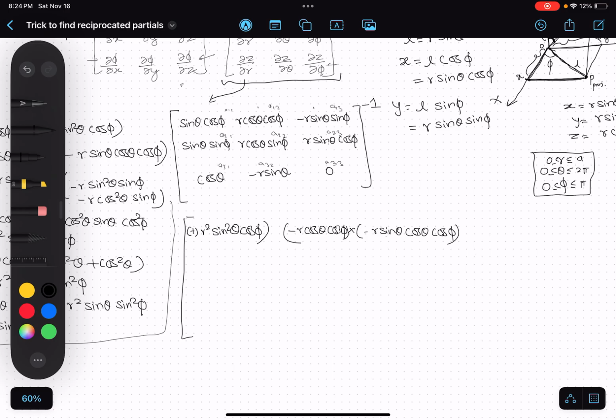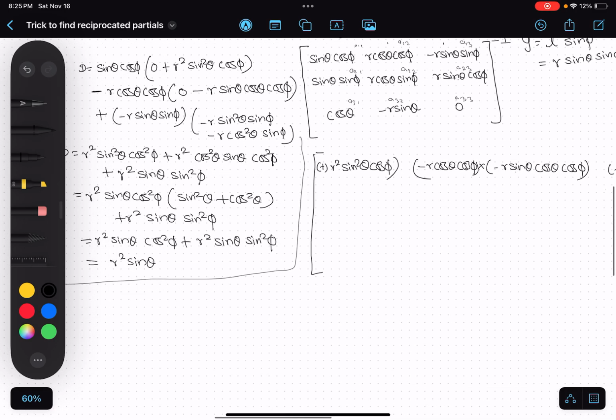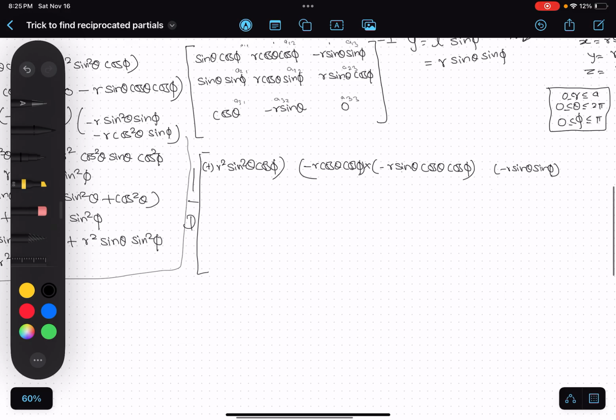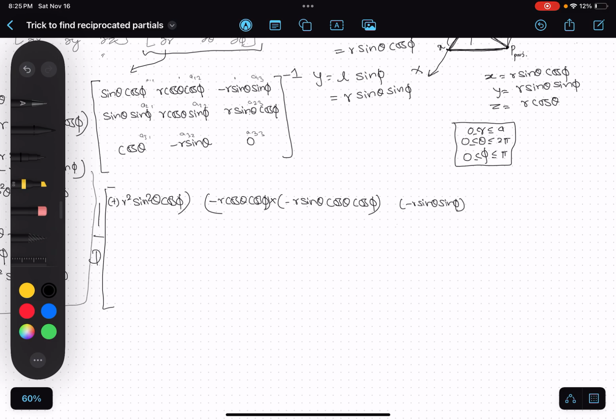Okay, for the third one this will be minus r sine theta sine phi times, and I also need to remember that there's a determinant in front. Now this will be minus r sine square theta sine phi minus r cos square theta sine phi.